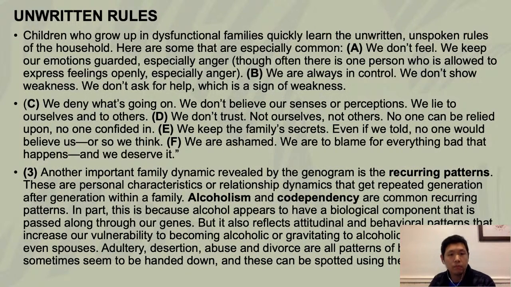In part, this is because alcohol appears to have a biological component that is passed along through our genes, but it also reflects attitudinal and behavioral patterns that increase our vulnerability to becoming alcoholic or gravitating to alcoholics as friends and even spouses. Adultery, desertion, abuse, and divorce are all patterns of behavior that sometimes seem to be handed down, and these can be spotted using the genogram.